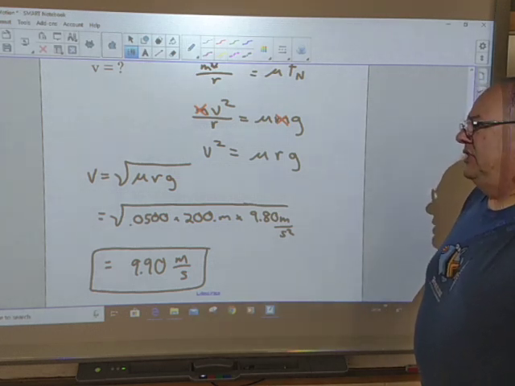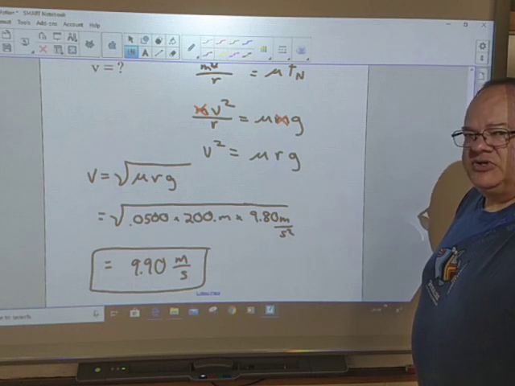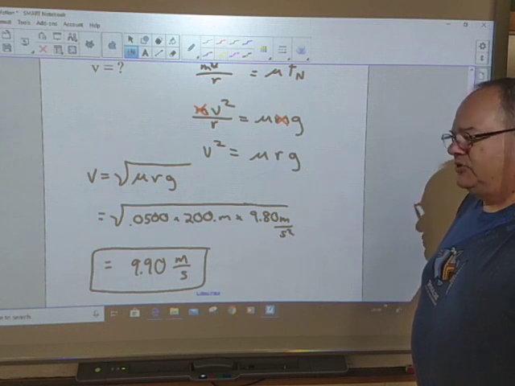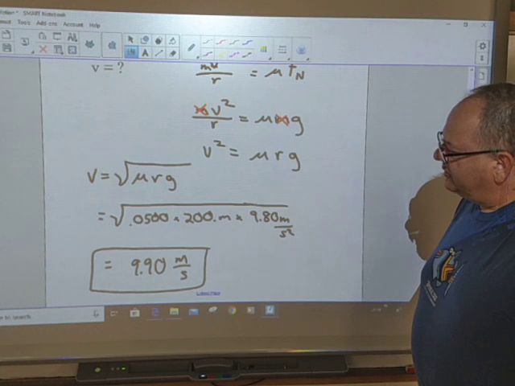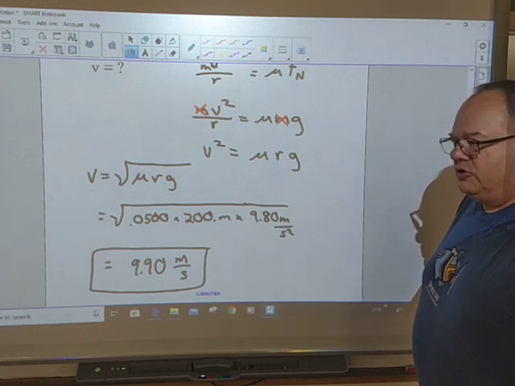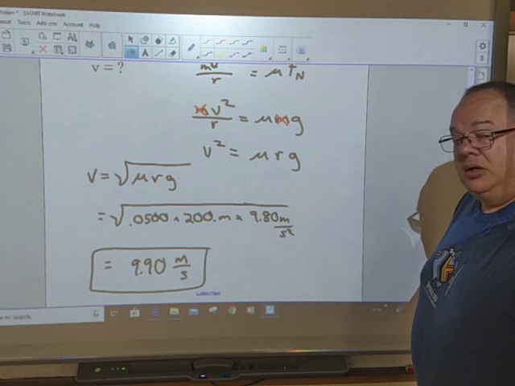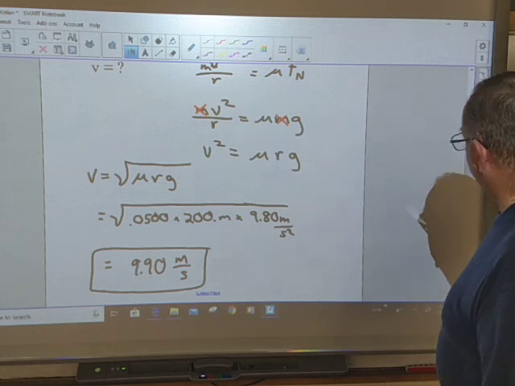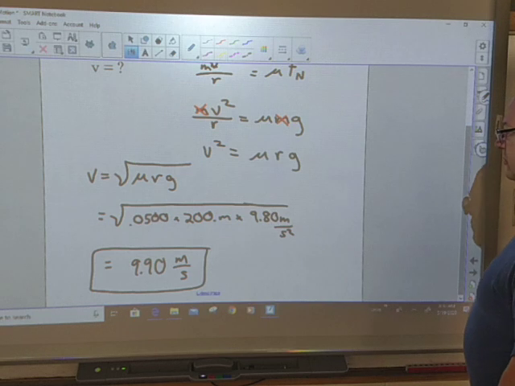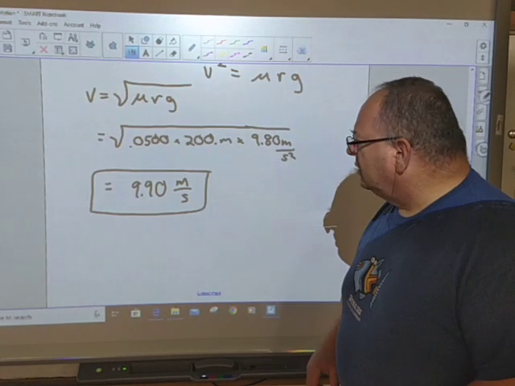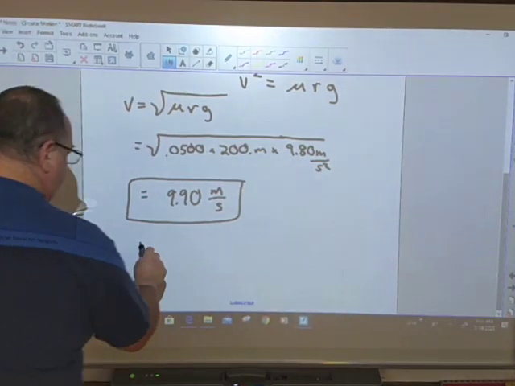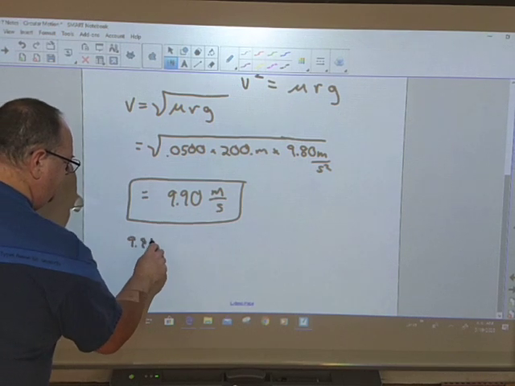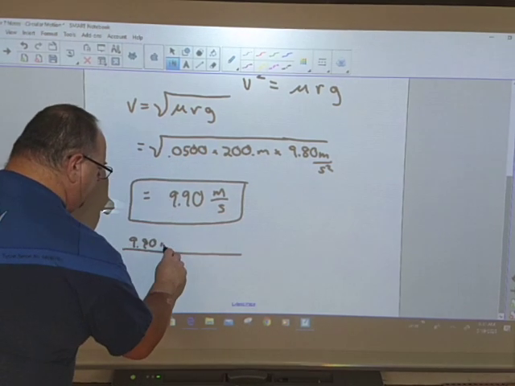So what is that, like 60, 70% of the speed? Not sure if I'm doing my mental math right. But, hey, let's go ahead and do one final step and convert that to kilometers per hour. So we just reverse things. 9.90 meters per second.